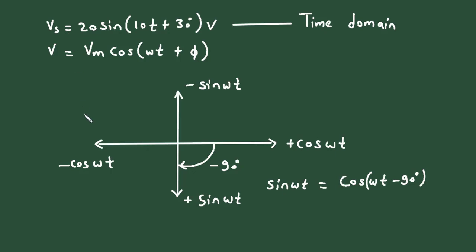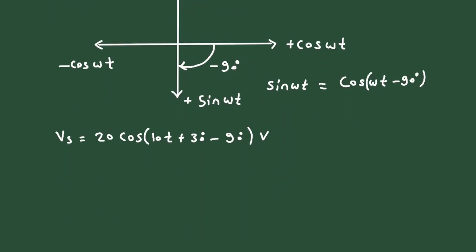Therefore Vs is equal to 20 as it is. Then in place of this sine we can substitute cos, with 10t plus 30 degree as it is. Just we have to subtract 90 degree, and since it is a voltage, its unit will be volts.